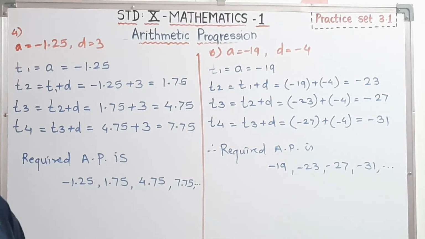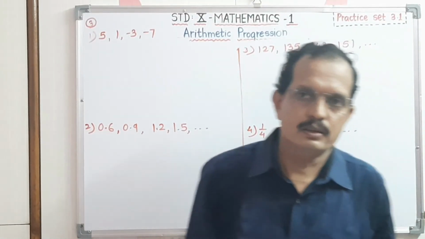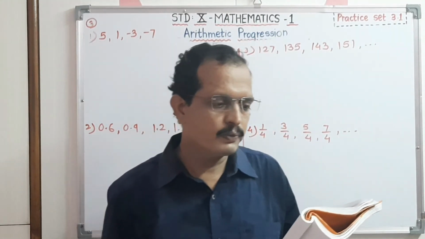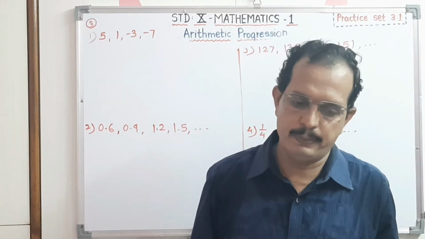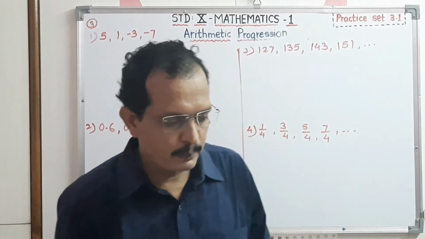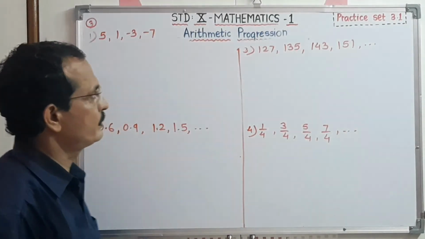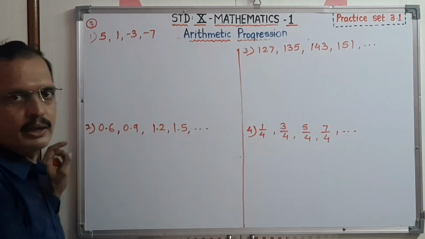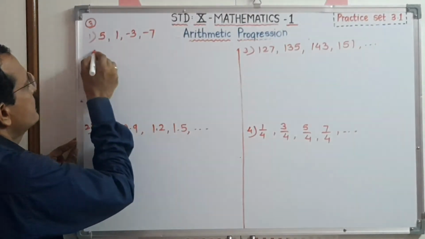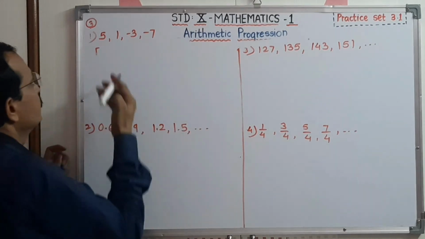We have to start with question number 3. Let's see the third question. Find the first term and common difference of each of the AP. 4 APs are given and we have to find out the first term and the common difference. Dear students, see 5, 1, minus 3 and minus 7. In this case, we have to write the first term.